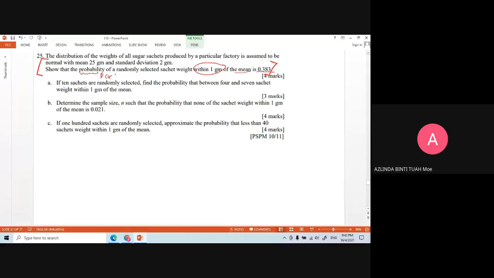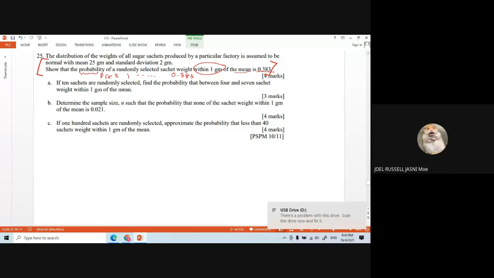Nanti ada simbol greater than or less than something. Kira-kira tengok table, end up kena dapatkan 0.383. Persoalan dia, simbol dia macam mana? Sebab kita belum pernah nampak lagi within ni. Within ni adakah dia less than, atau greater than, atau between, in the middle? Which one?